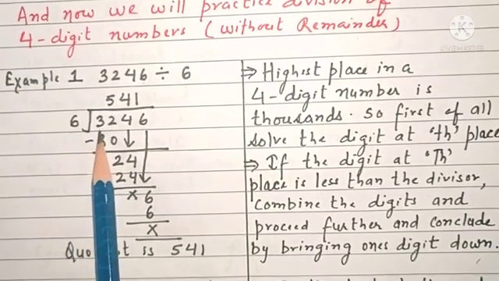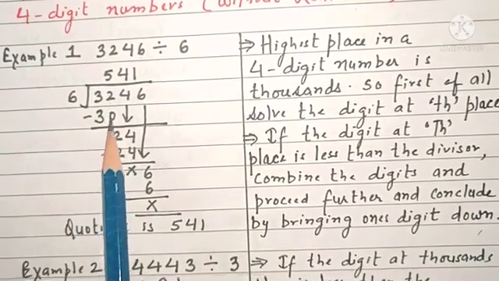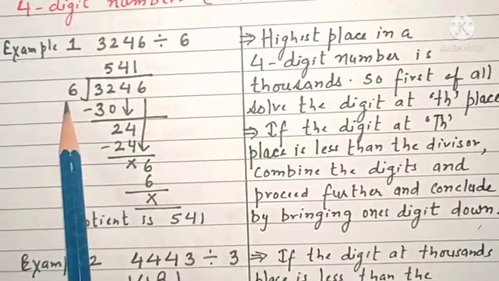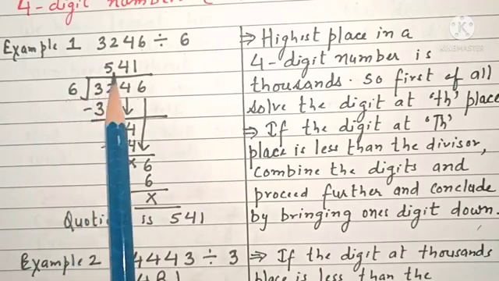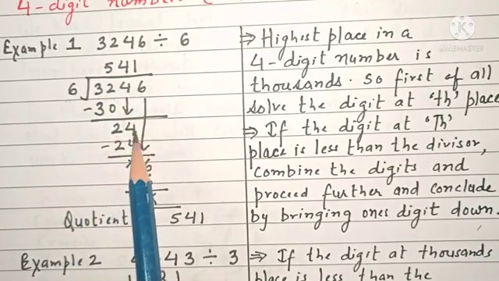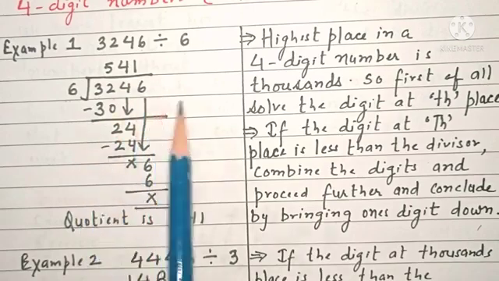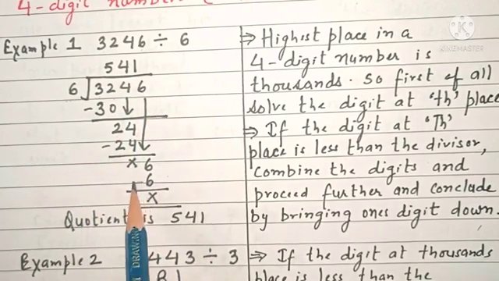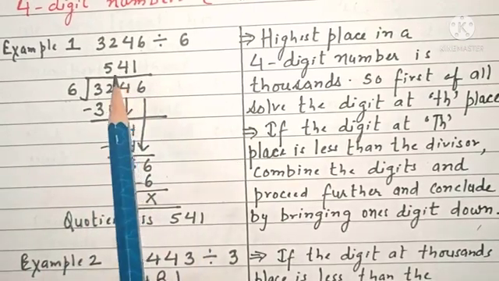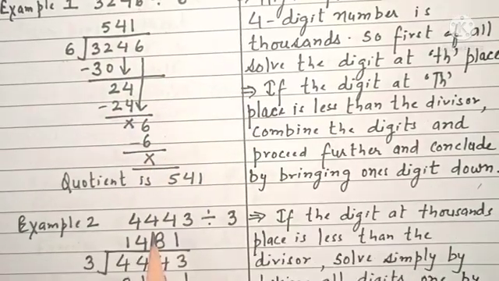So we will combine the number here at the thousands and hundreds place, and we will look for 32 in the table of 6. So it is 6 fives are 30. 2 minus 0 is 2. Putting 4 down. 6 fours are 24. Again putting 6 down. 6 ones are 6. So here the quotient we have got is 541.